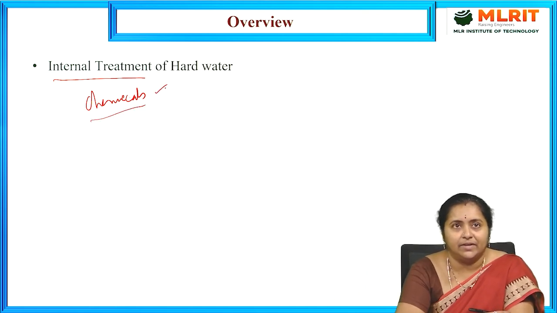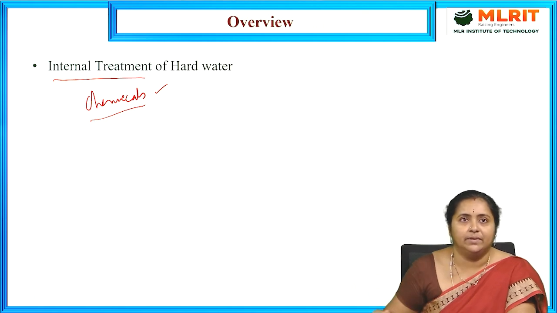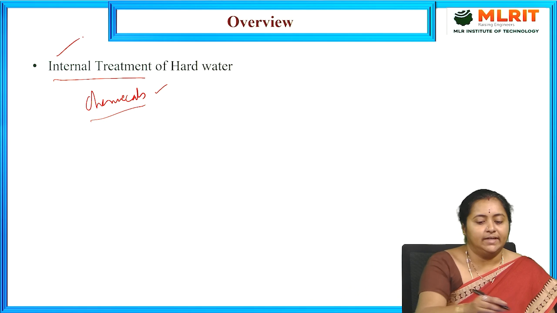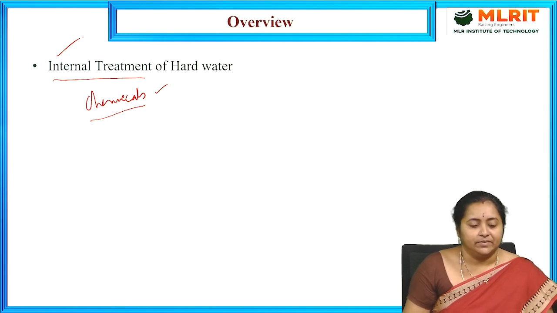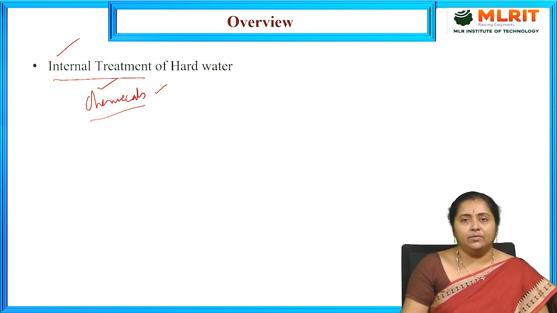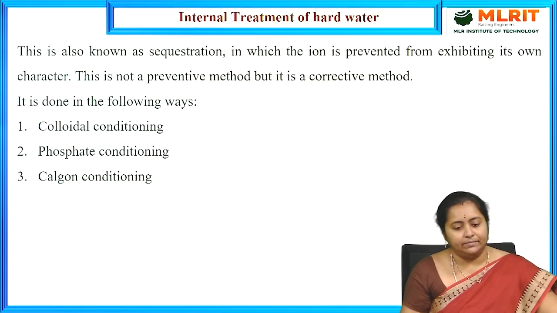They will convert the hardness-causing salts into insoluble precipitates which can be removed by filtration. That's why it is called internal treatment of hard water. So, let us see how it can be done.